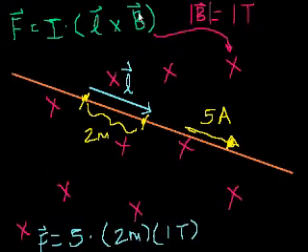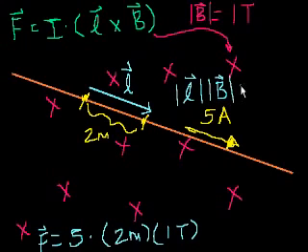And so when you take a cross product, this is just a reminder: L cross B is equal to the magnitude of L times the magnitude of B times the sine of the angle between them times some unit directional vector that we figure out with the right-hand rule.